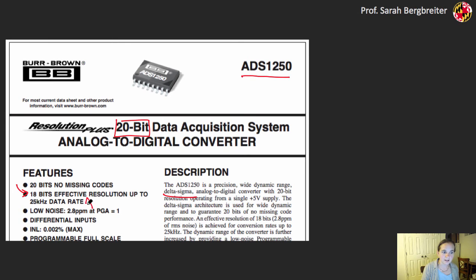And this highlights another thing of a sampling rate. So sampling frequency is another big metric that I might be interested in for an ADC, and we'll see why in a little bit. If I need to sample a signal at a particular rate, a particularly fast rate, I need to find an ADC that's up for that job, and 25 kilohertz isn't really that fast in the big scheme of things.